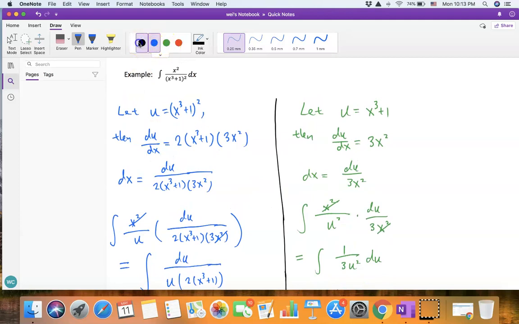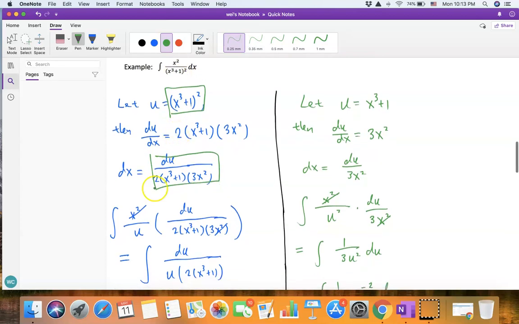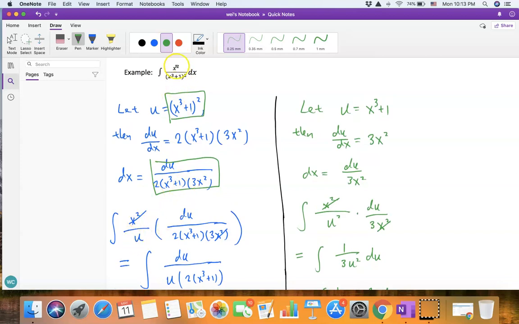Now, since the denominator is replaced by u, and dx is replaced by this quantity, we can rewrite the original integral as x squared over u, multiplied by dx, which is du over 2 times x to the third plus 1 times 3x squared.